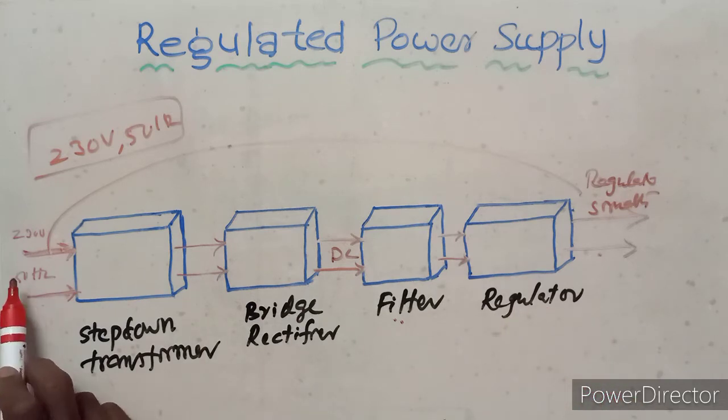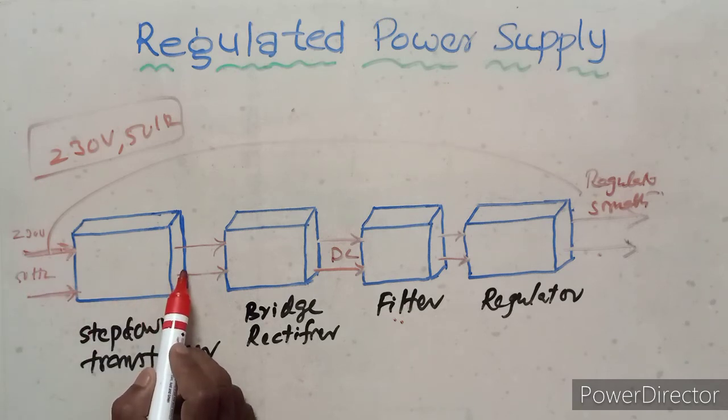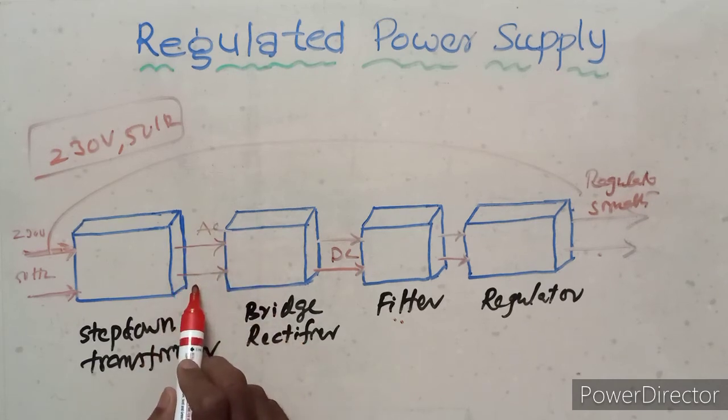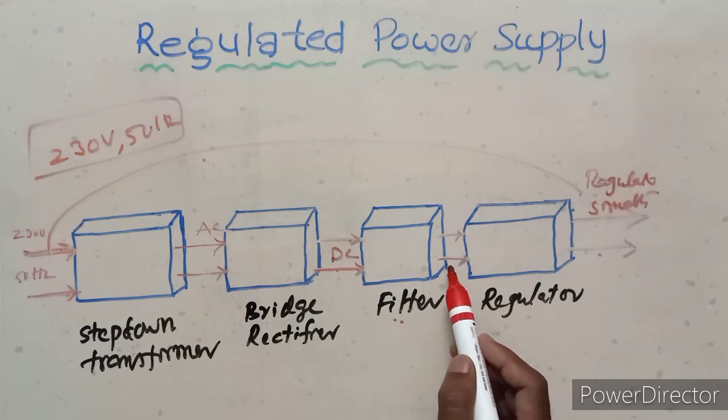First of all, the AC power supply. This AC power supply is converted into the required voltage. This is also AC. This required AC voltage is rectified into pulsating DC. Then this pulsating DC goes to the filter.